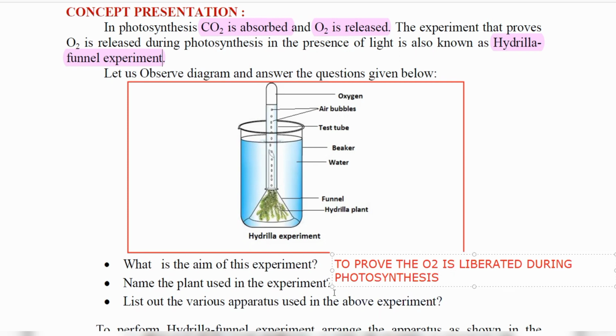Name the plant used in the experiment. It is the hydrilla plant. Which plant do we use? Hydrilla. The hydrilla plant is what we use to conduct this experiment. List out the apparatus.